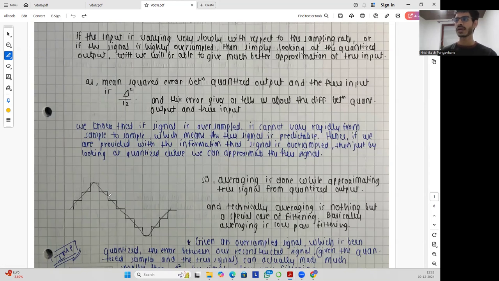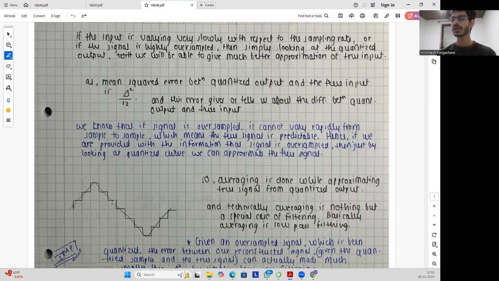So then, given an oversampled signal which is being quantized, we have some input at the quantizer and this output of the quantizer. If we smooth out the output of the quantizer, that is something we have reconstructed as a signal.